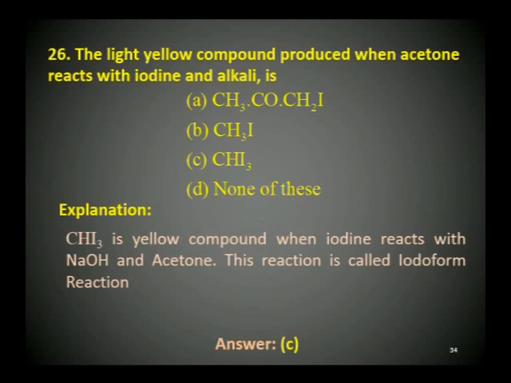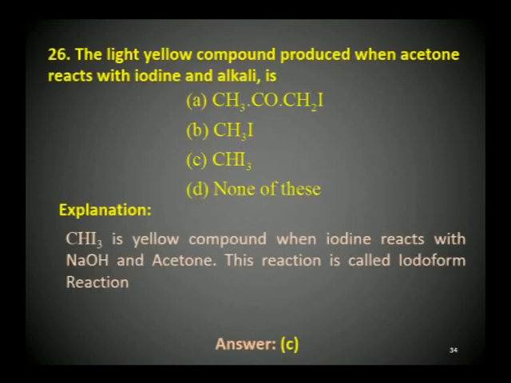You know that acetone is CH3COCH3. When CH3COCH3, which has the CH3CO group, reacts with iodine and alkali, it undergoes the iodoform reaction and forms iodoform, which is a yellow colored compound. This reaction is also called the iodoform reaction. So, the answer is C, CHI3. Iodoform formula is CHI3.